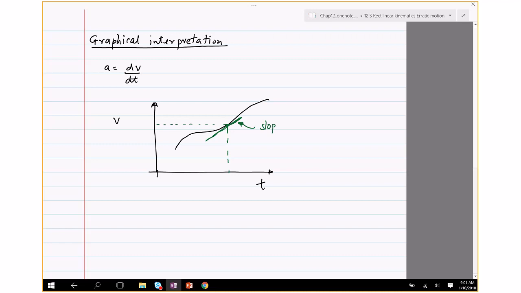The slope is basically the acceleration, which is the rate of change of velocity with respect to time. In this case, we're interested in the acceleration at t equals t1, and you can find that from the slope.